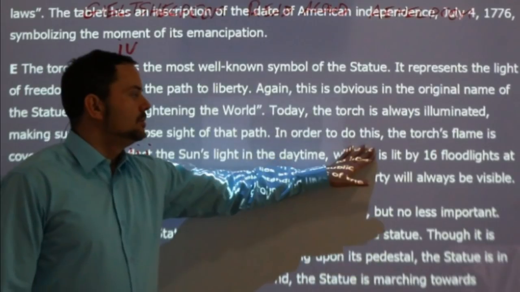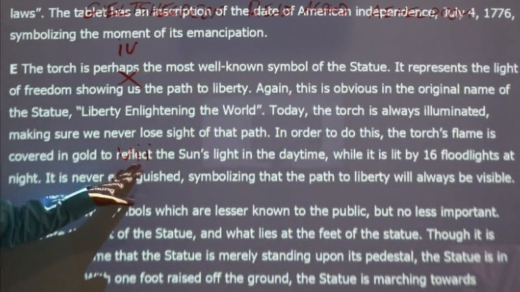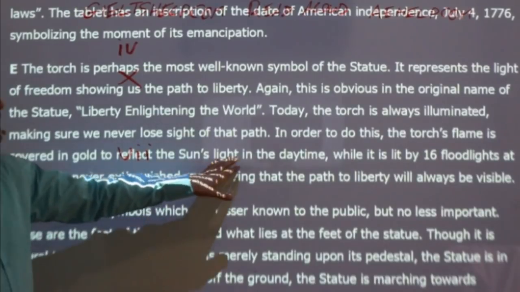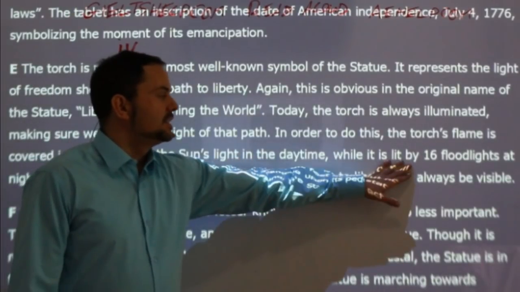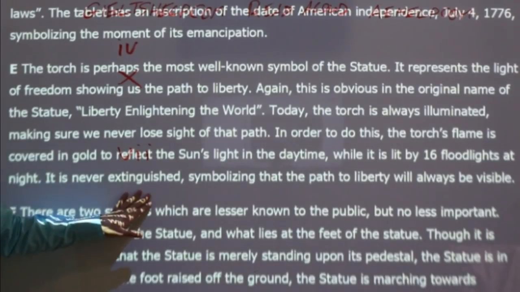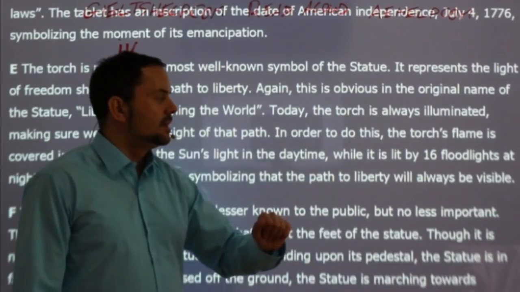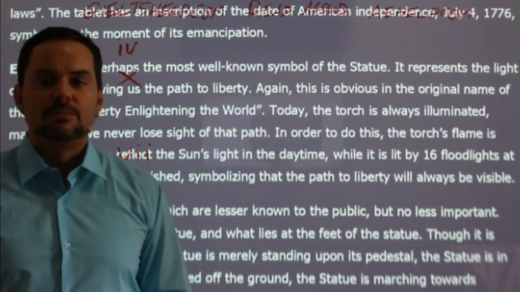In order to do this, the torch's flame is covered in gold to reflect the sun's light in daytime, while it is lit by 16 floodlights at night. It is never extinguished, symbolizing that the path to liberty will always be visible.